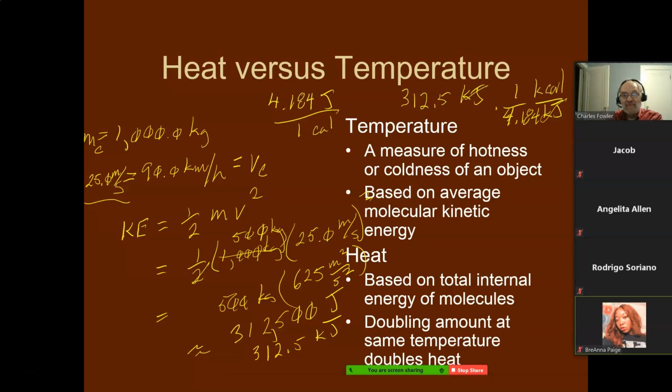That means I would have to be able to stop a 1,000 kilogram car. Actually, I said that wrong. That's about a normal size car. I was thinking a 1-ton car, but that's 1,000 kilograms. Okay, I would have to stop a 1,000 kilogram car going about 90 kilometers per hour, which is right around, I think, 50 or 60 miles per hour.